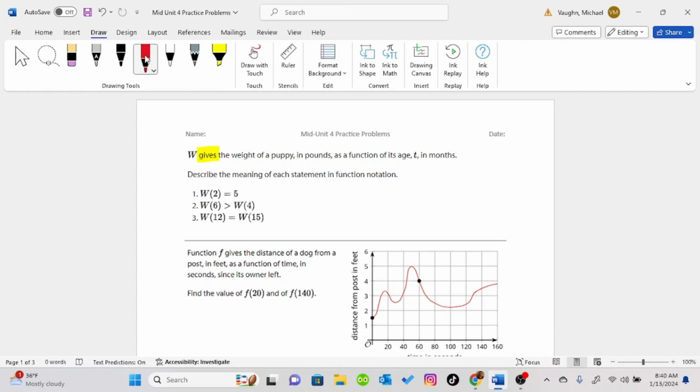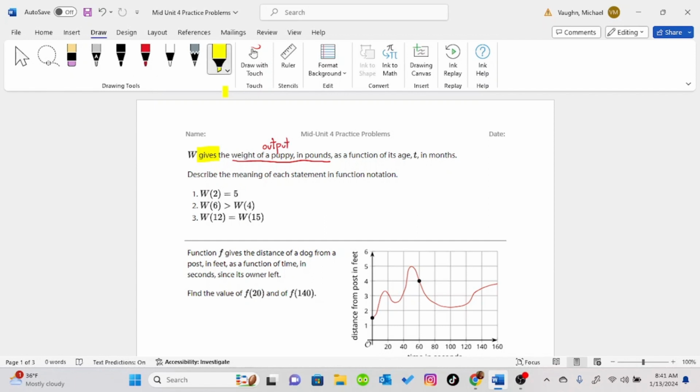Anytime it tells you what the function gives, the very next thing is your output. So weight of a puppy in pounds is your output.